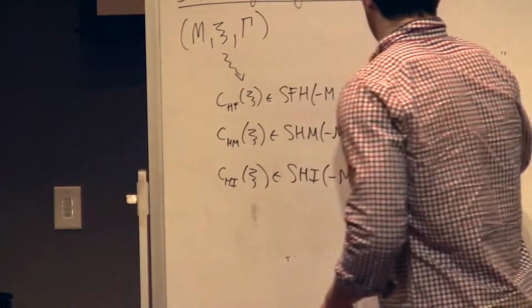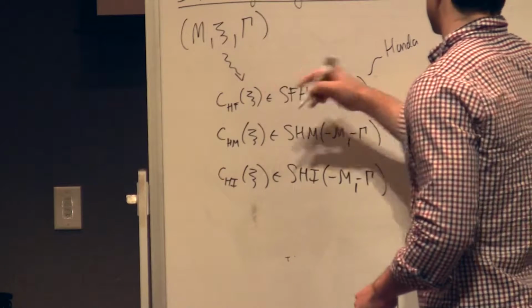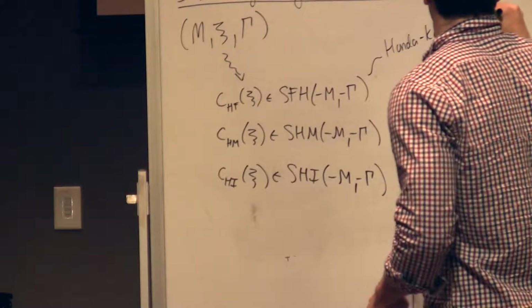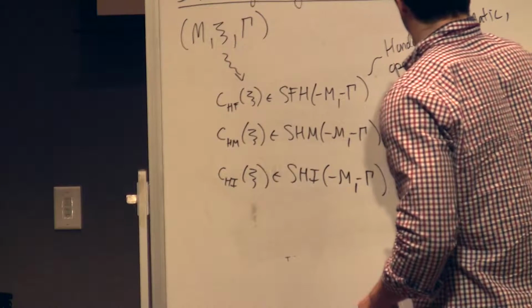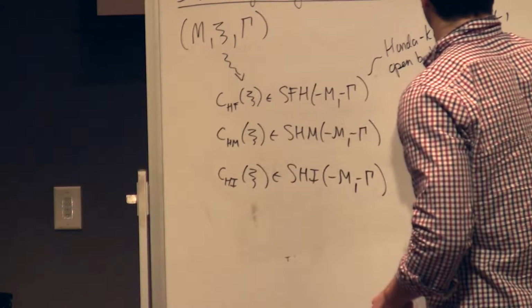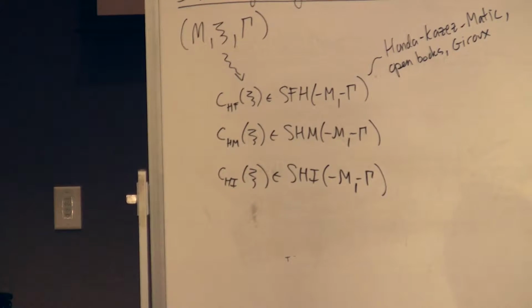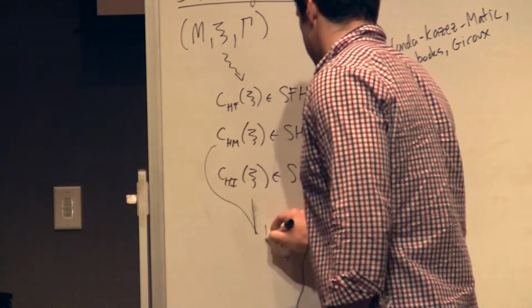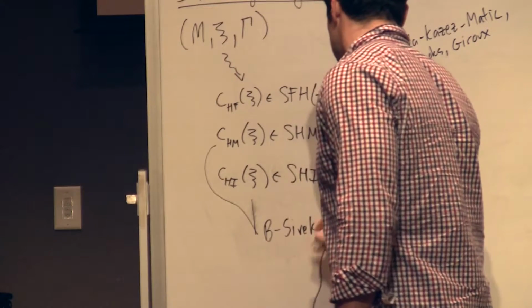So this contact invariant was defined by Honda-Kazez-Matić using open books and the Giroux correspondence between contact structures and open books. And these two invariants were defined by myself and Stephen, using a mixture of things.